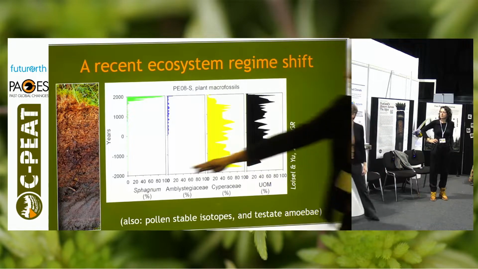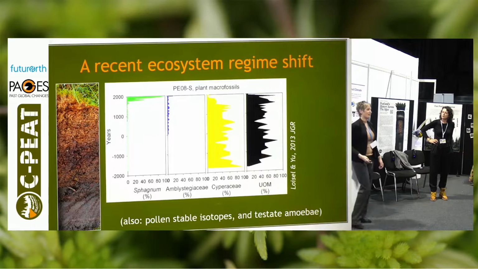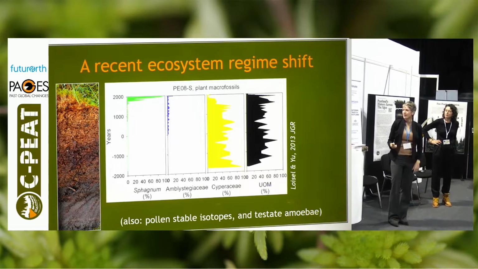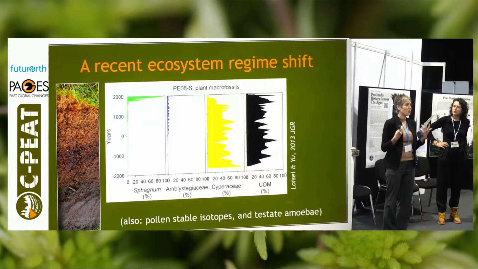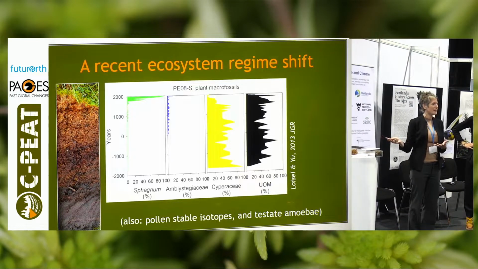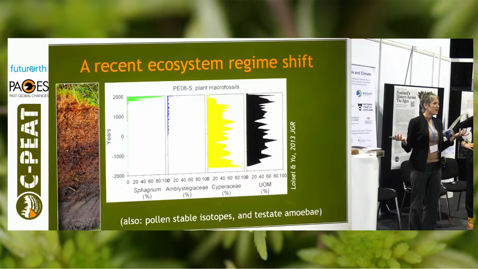There was no sphagnum all the way up until about less than 100 years ago that we were able to date using multiple methods. And there's no pollen or spores in this case of sphagnum either. And so we are thinking that sphagnum is a new phenomenon in some of these peatlands. So you can imagine a landscape in Alaska that used to be kind of crappy, unhappy peatland.